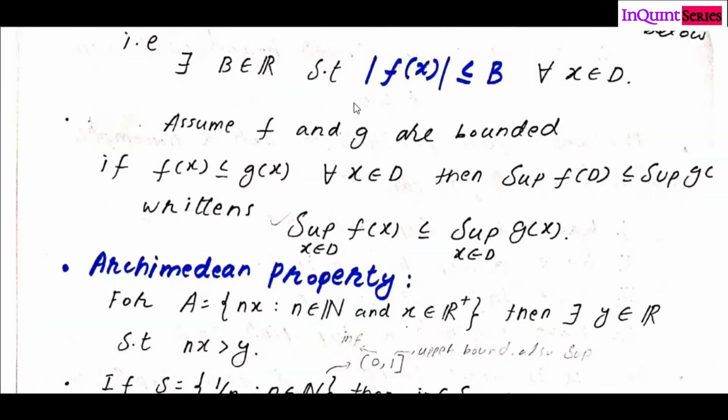So basically our next key point is a theorem which involves the boundedness of the function. Assume f and g are bounded.